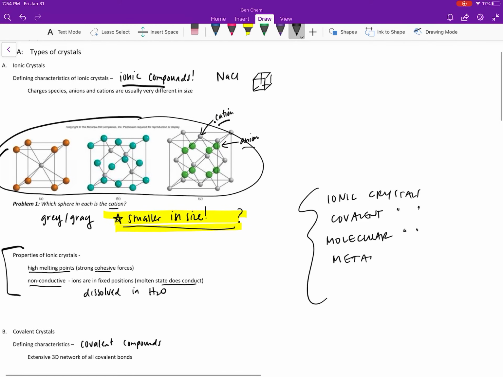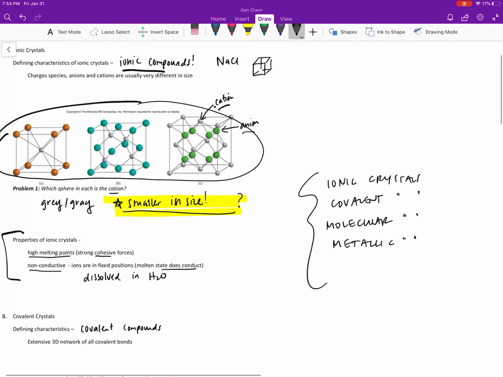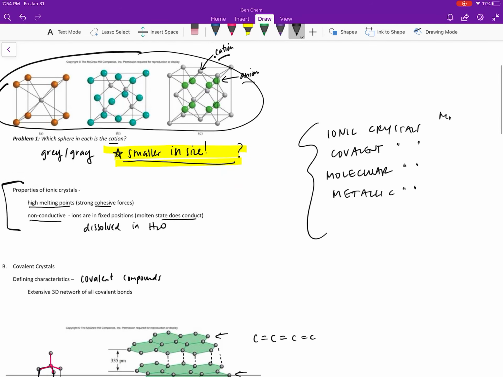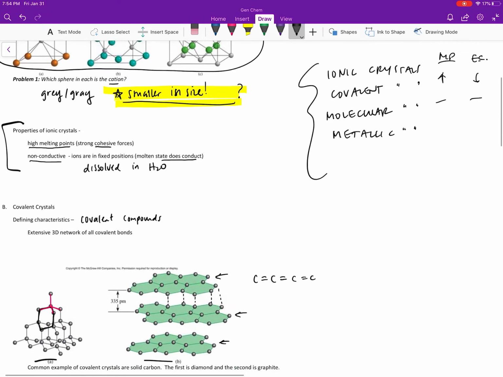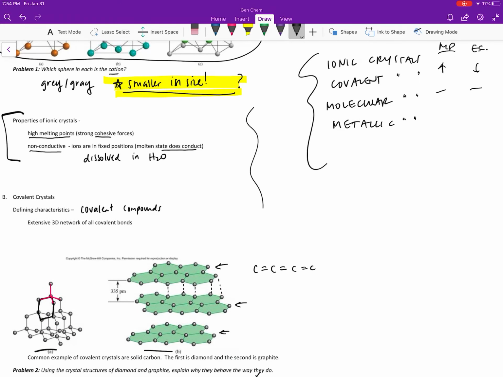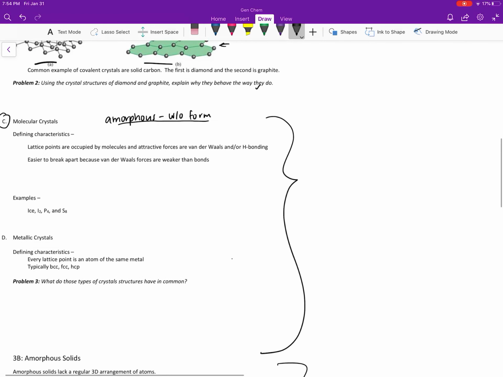Okay, so make sure there's a table where it has melting points, and it talks about conducting electricity, and it'll tell you if it's high or low or non-existent. Okay, so make sure you know that table because that's all of this material right here.